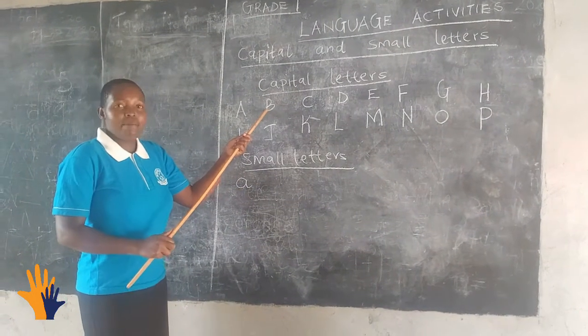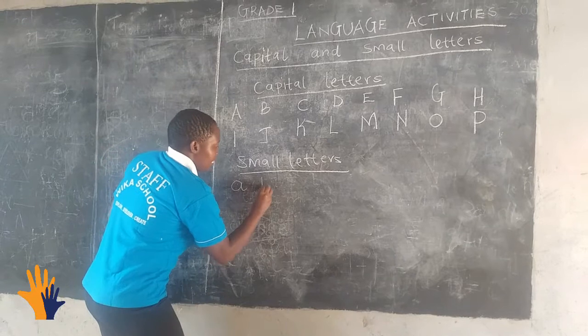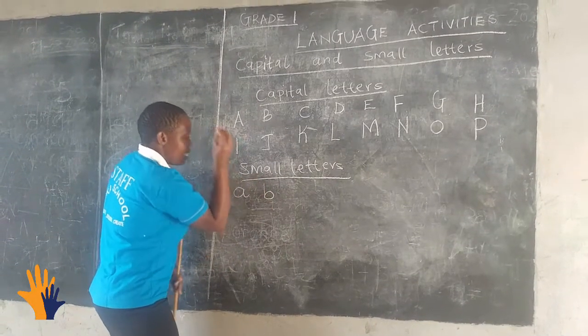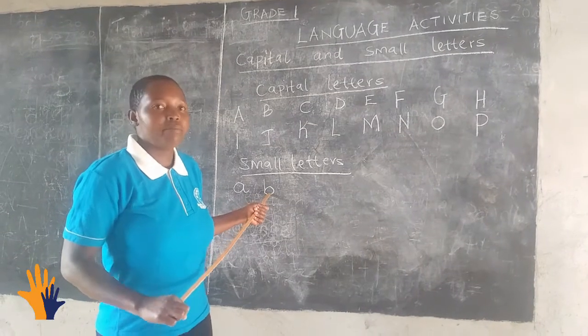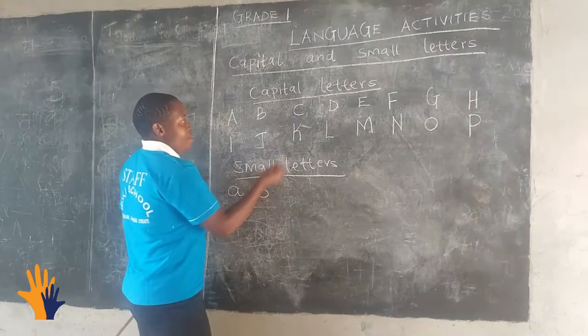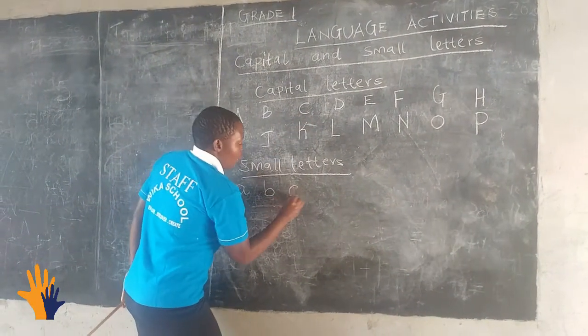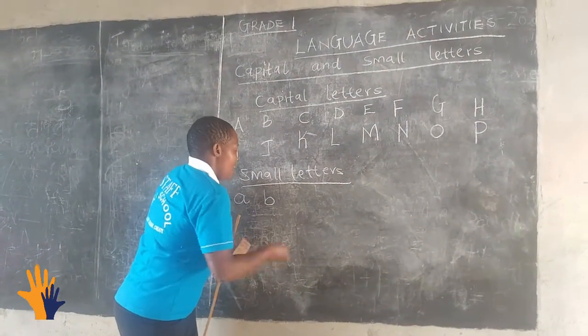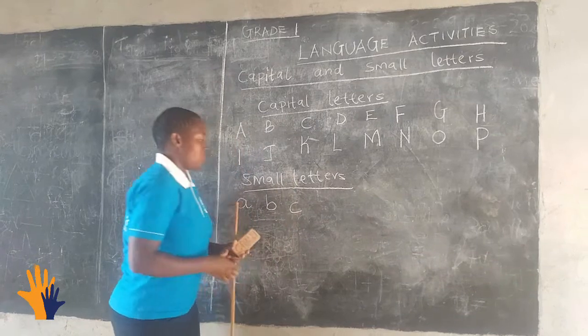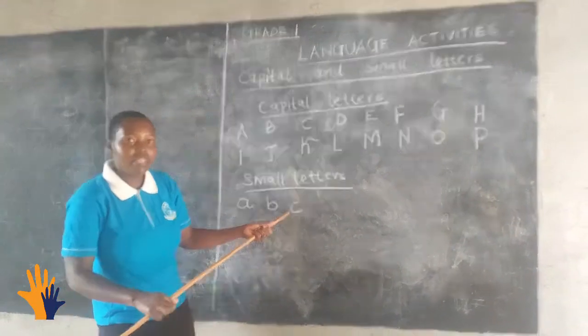Then, this big letter B, we are going to write the small letter B, and we can also say it is sound b. Then, this big letter C, we are going to write it in small letter, and we can also say it is sound c.